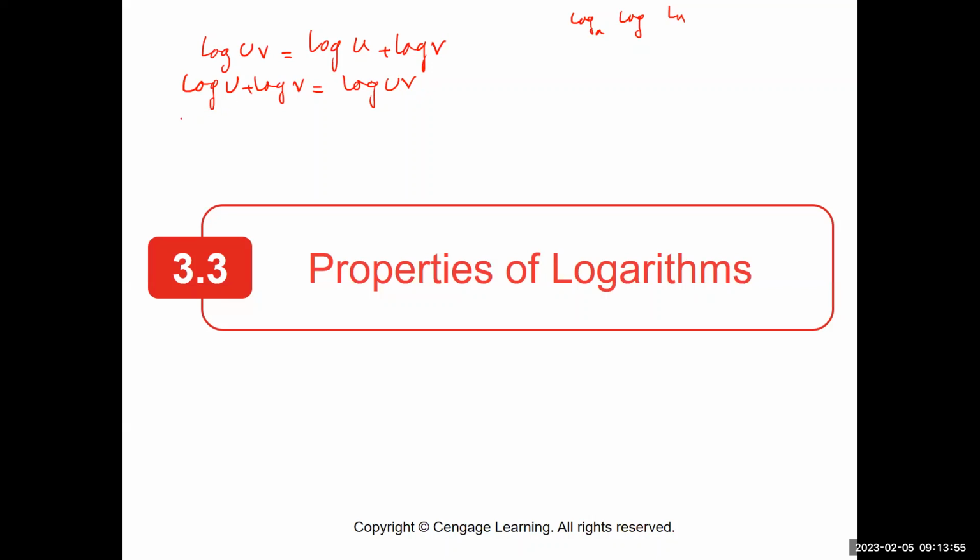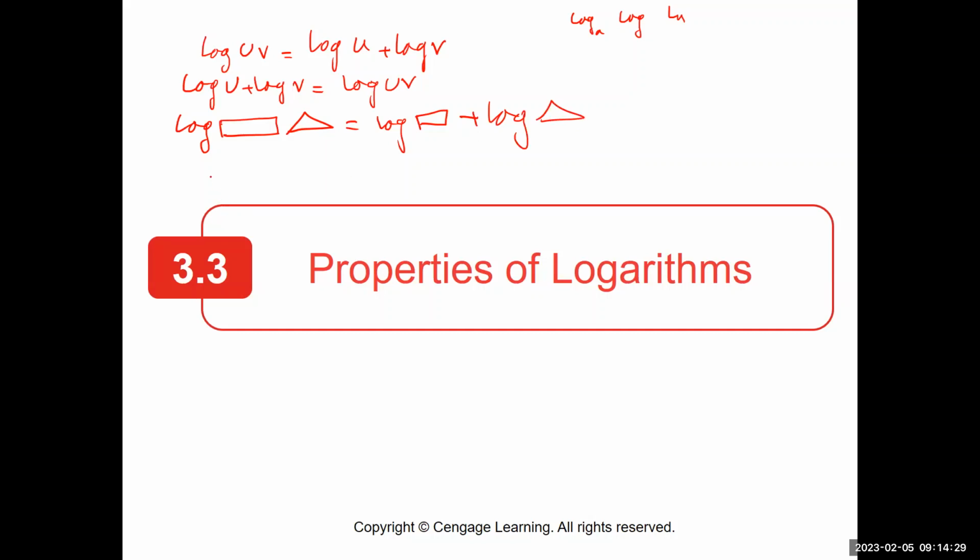Let me write it differently again, like I did before. If I have log of anything multiplied by anything else, it could be a big, giant formula, anything, you can say it's log of the whole group together plus log of the other group together.